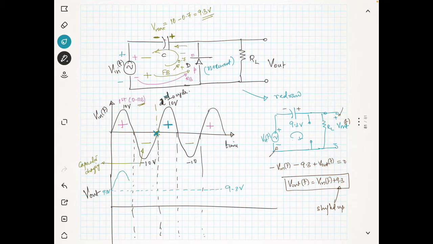So V in will be like this. I cannot draw it all because we are talking about the third cycle.